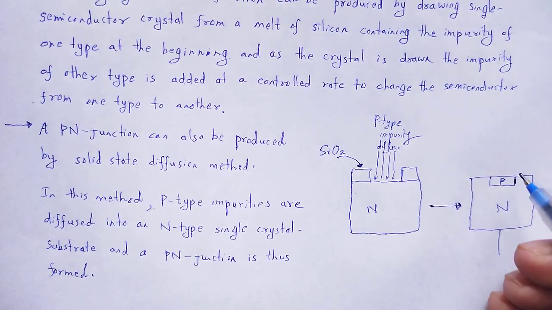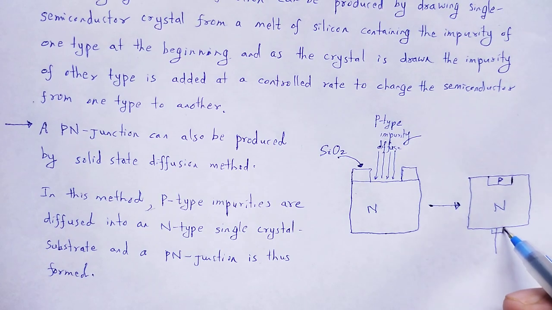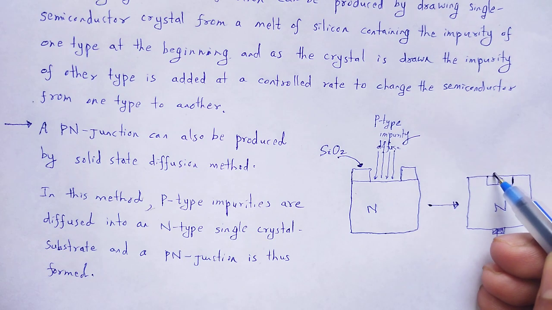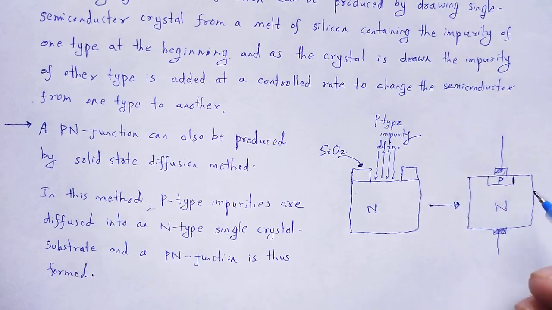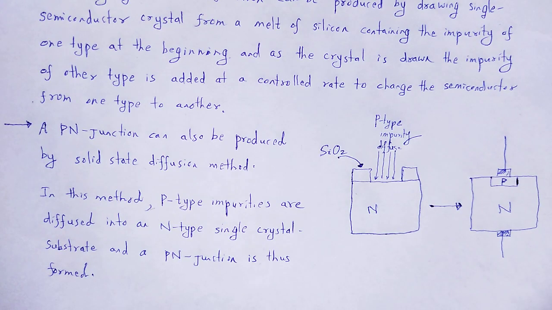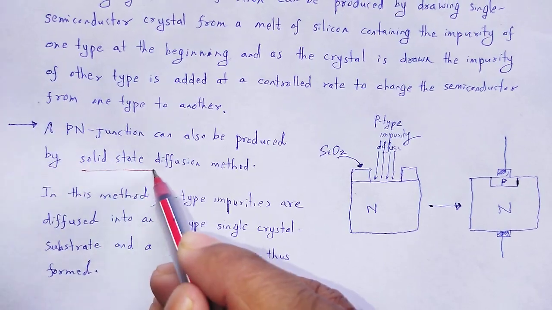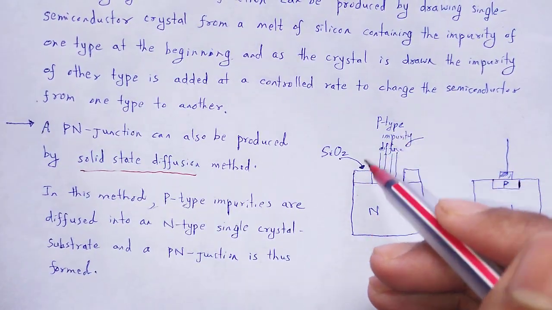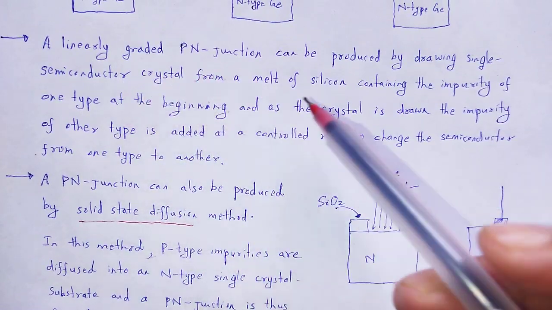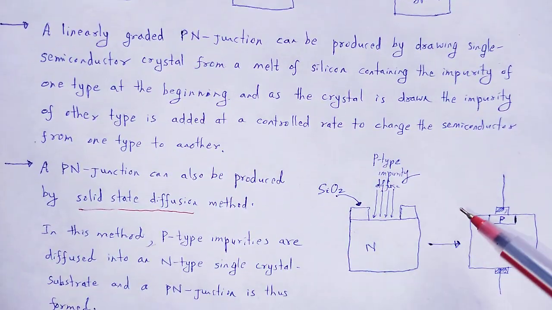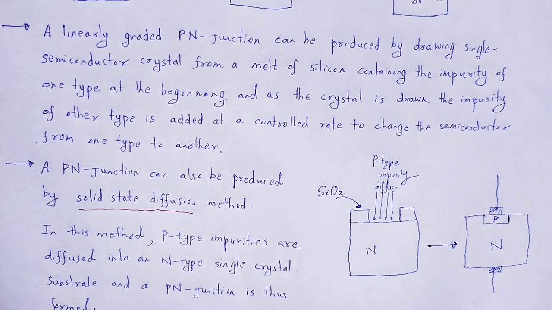So finally we obtain a p-n junction diode by the method of solid state diffusion. If it is in a controlled manner, then it is said to be a linearly graded p-n junction, and the method is solid state diffusion.